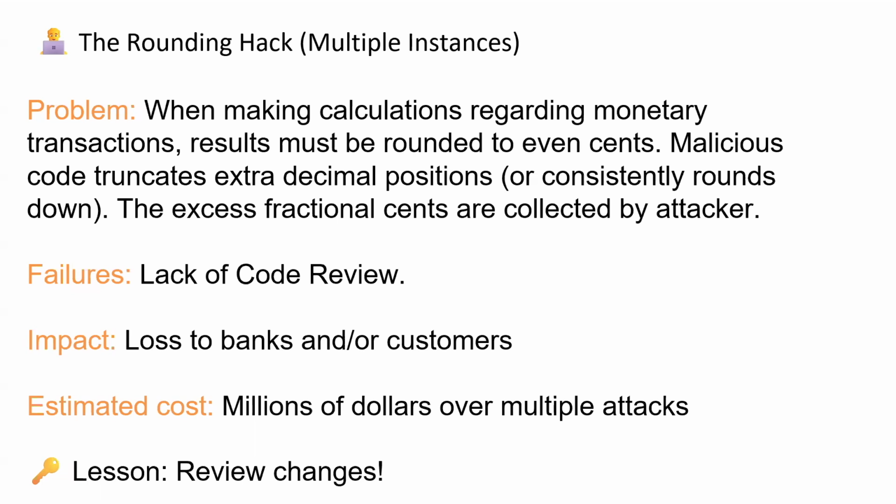But what the hack does is they put code in that instead of rounding, it truncates the extra decimal positions from those numbers and simply accumulates all of those missing fractional cents into an account that goes then to the hackers. And when you have millions and millions of transactions occurring, that actually can add up to lots and lots and lots of money. And this hack has actually come up multiple times in history.